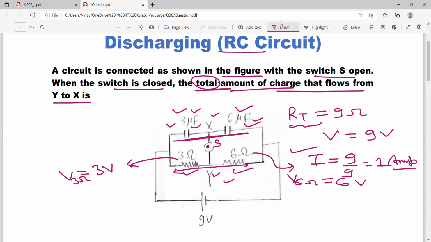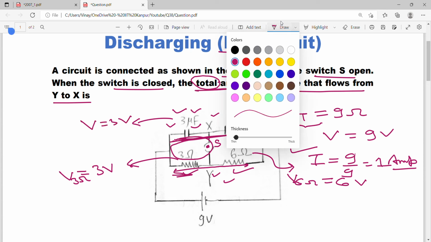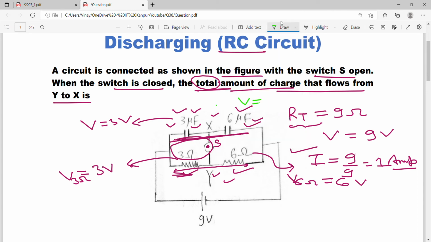Now in this configuration when the switch is closed, this first loop acts as a capacitor and resistance in parallel. So whatever voltage is across the 3 ohm, the same voltage is across the 3 microfarad. So the voltage across 3 microfarad is 3 volt, and the voltage across the other one is 6 volt.